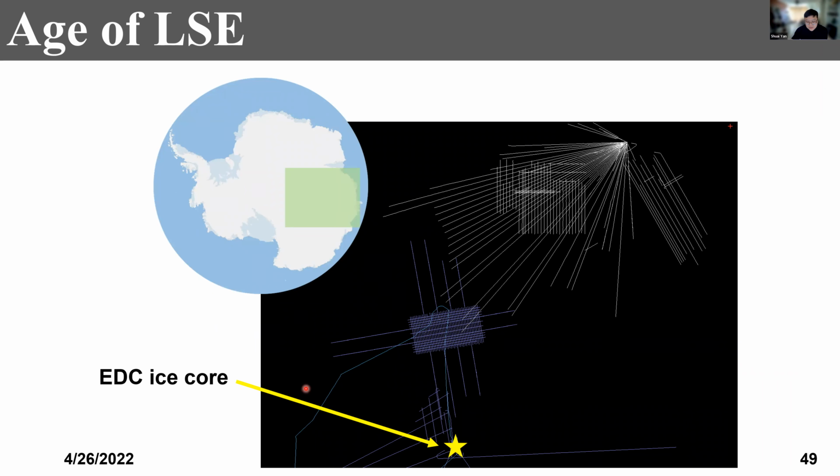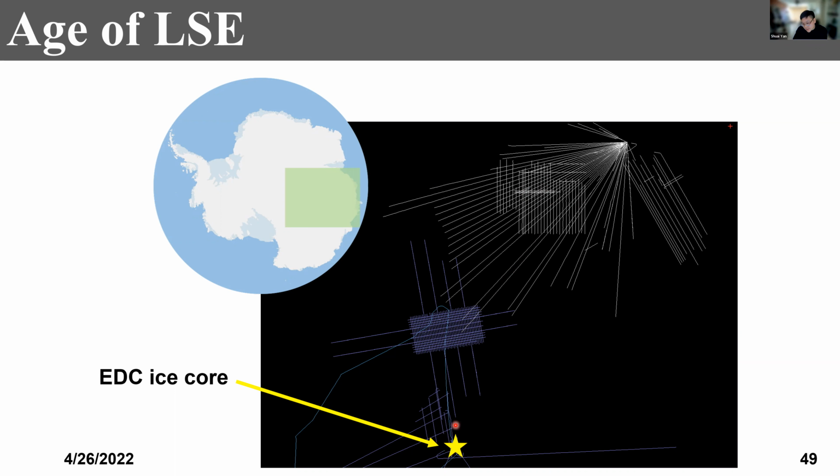And very fortunately, we have an ice core site nearby, which is connected by survey passes to Lake Vostok and then eventually to PEL and to Lake Snow Eagle region. And we have multiple dated reflections in this ice core site.